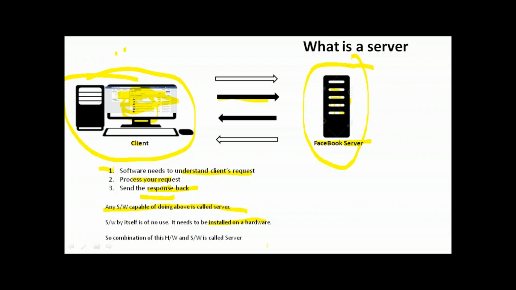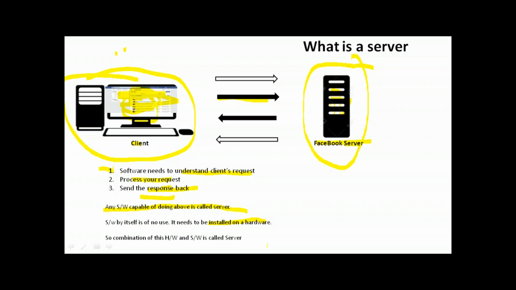So software by itself is of no use, just like your Microsoft Office lying on a CD is of no use. When you install it on a hardware, which is a laptop or a desktop, then you can start using it. Similarly, the server software is of no use until you install it on a particular hardware, which could be your laptop or a computer, or any other hardware.